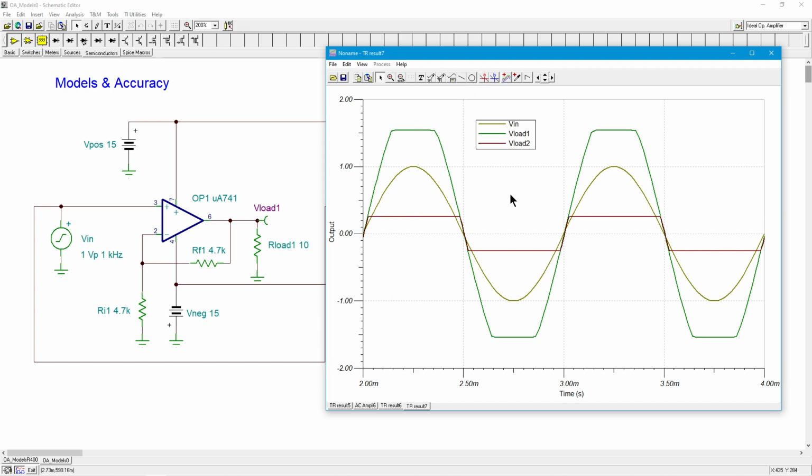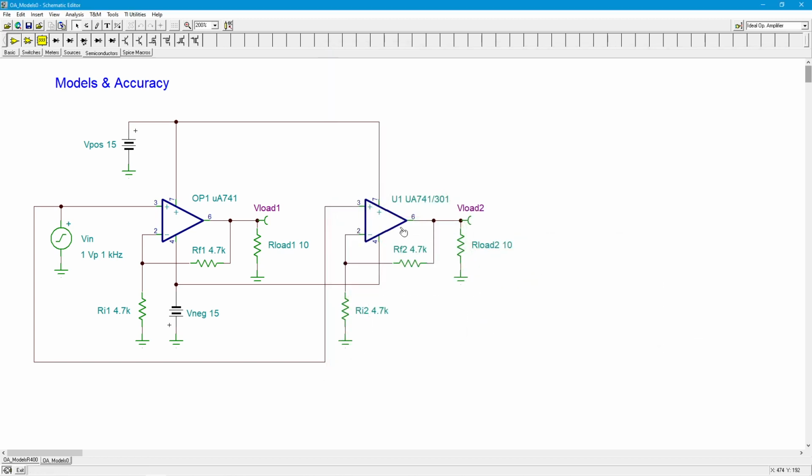End result: the accuracy of this second model is much better when it comes to load driving capacity. This is in fact modeling the 25 milliamp maximum of this op-amp. This model is not.